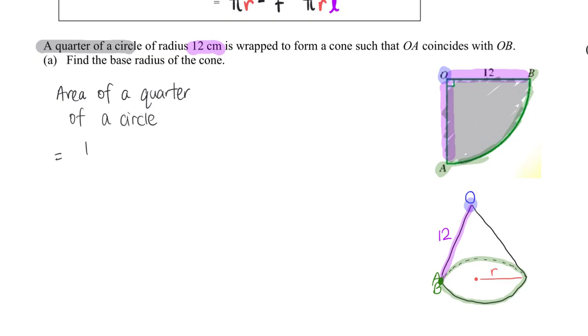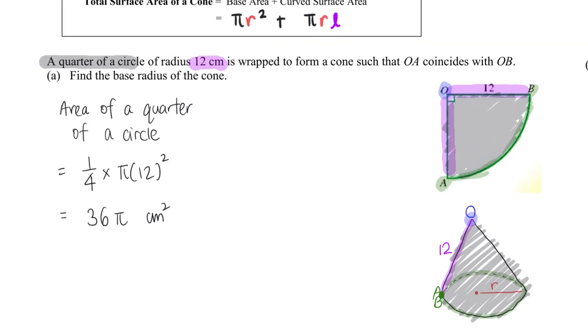So the quarter of a circle is something that I wish to highlight. It would then be 1/4 of pi r squared, and I would like to write in terms of pi. So 1/4 times 12 squared, 36 pi. And this happens to be my curved surface area.